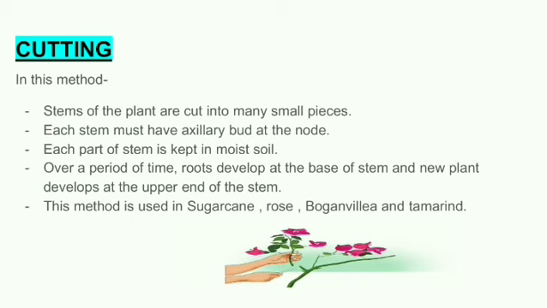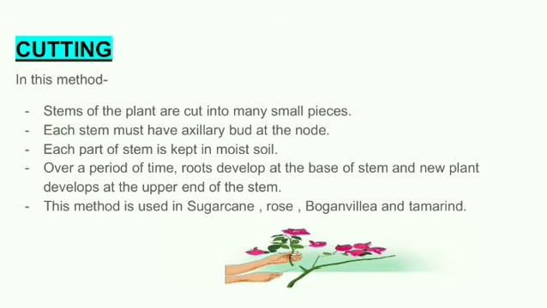The parent plant is still rooted in the soil. The important point to keep in mind while cutting the stem is that the stem should have an axillary bud at the node. As you can see in the picture also, there are some growing branches on the stem.